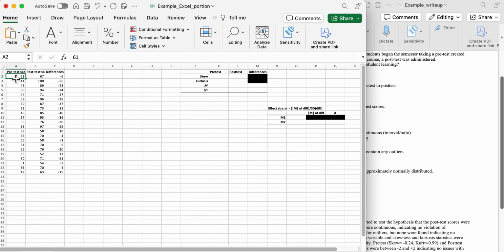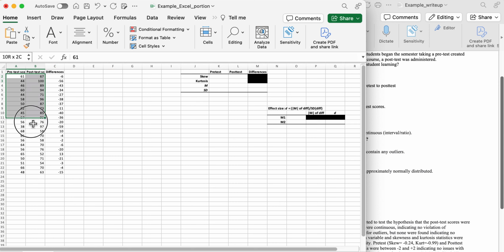So I just took this minus that equals that. You could do it the other way. It doesn't really matter which one you're subtracting because it's going to mathematically come out the way it should, as long as you've done it properly. But this is just subtracting these two, okay? But I'm going to check these two for outliers.